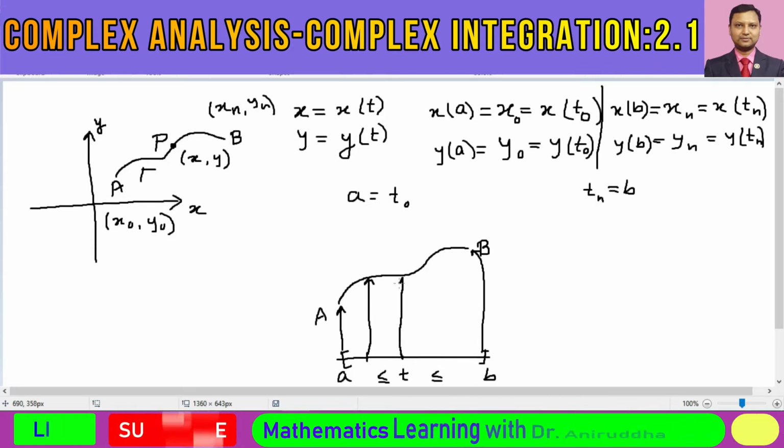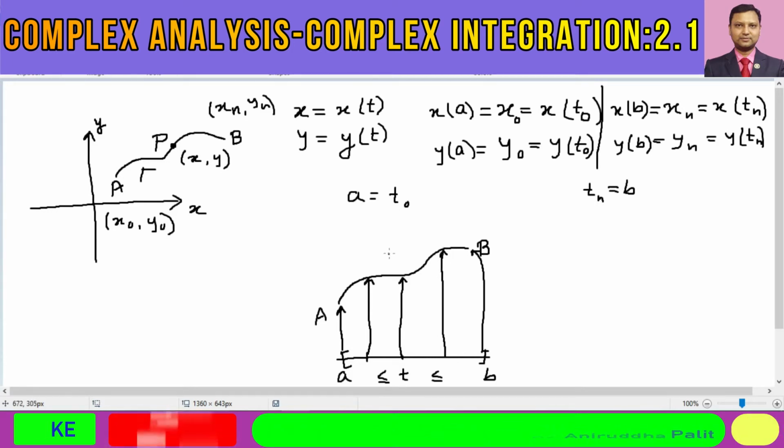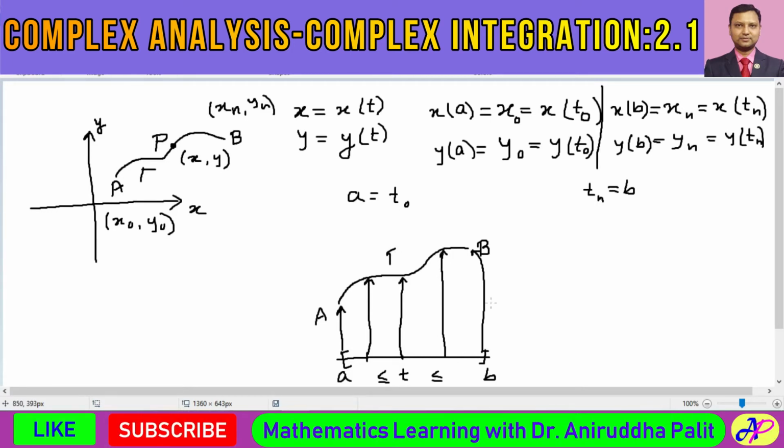In this way, you will get different coordinates of this curve gamma for different choices of the parameter t between a and b.